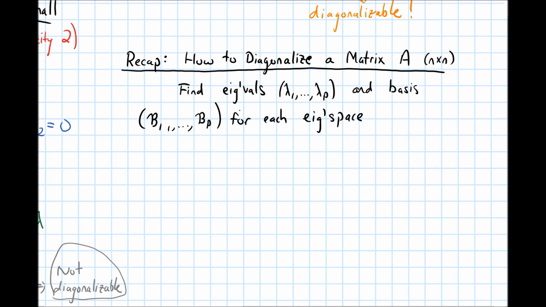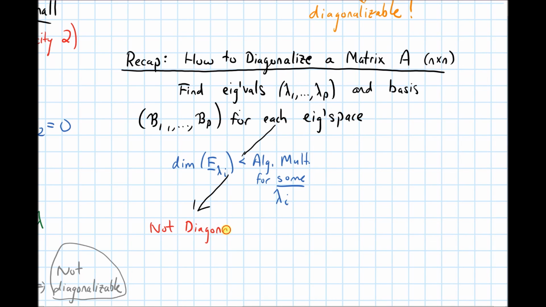The first is if the dimension of some eigenspace E sub lambda i is less than the algebraic multiplicity for some lambda i. Even if this happens for one eigenvalue, then in this case, this would be not diagonalizable.